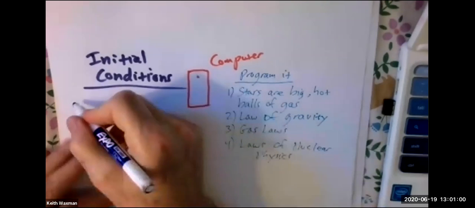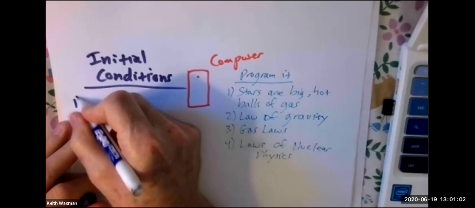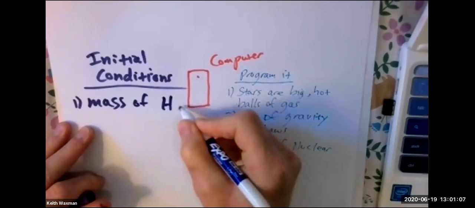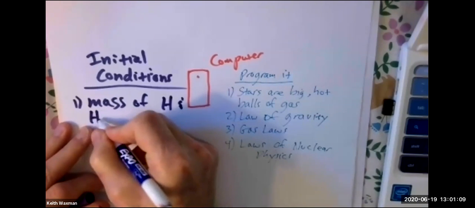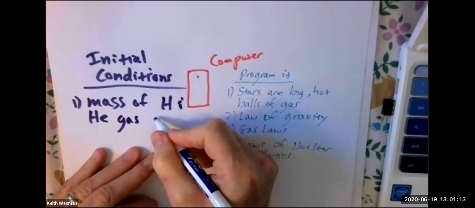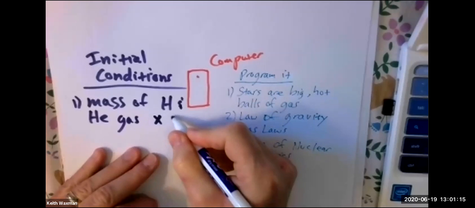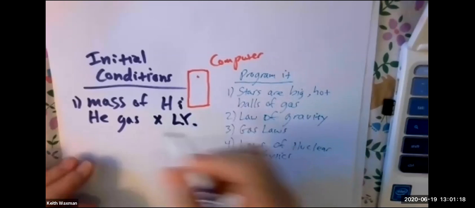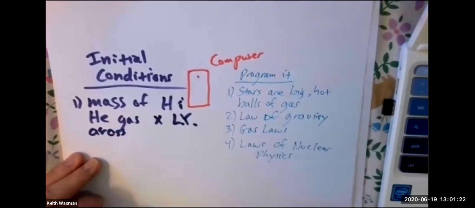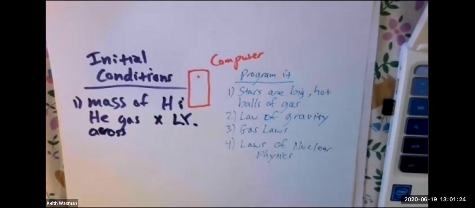Okay, initial conditions. Let's start with number one: we have a mass of hydrogen and helium, H and He gas. Let's say it's X light years across.